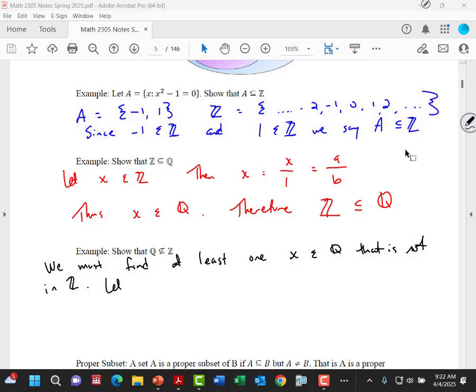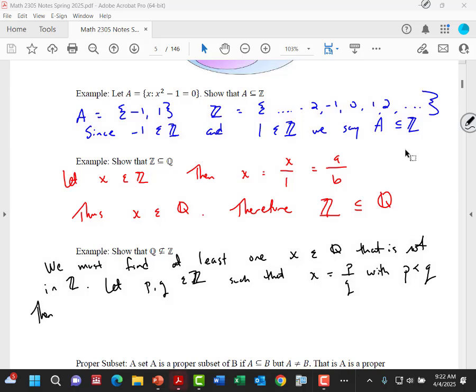So let P and Q be integers, such that X equals P over Q with P less than Q.